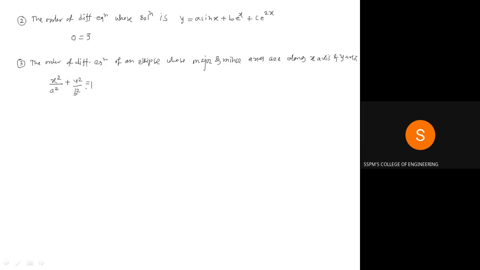The equation of ellipse is actually the solution of a particular type of differential equation. But in this solution there are 2 arbitrary constants. Hence, order of differential equation will be 2. So this was a simple way to get the order from the solution.